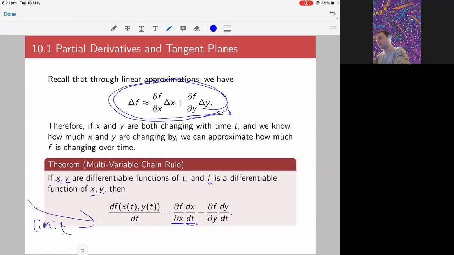So if you've got some multivariable function, let's just say I've got a multivariable function here, and I've got this as my tangent plane.